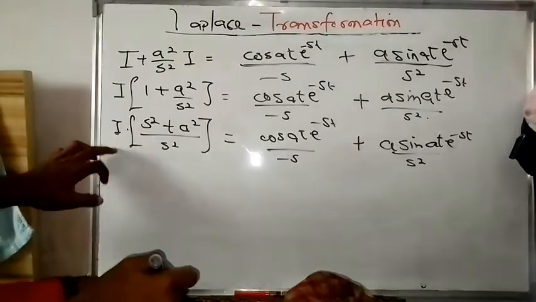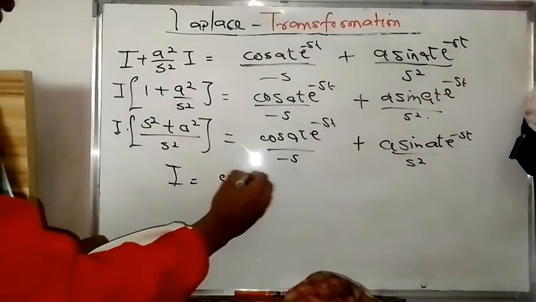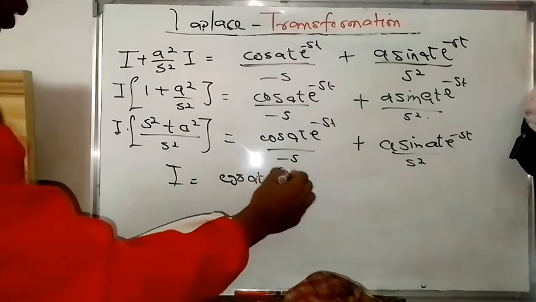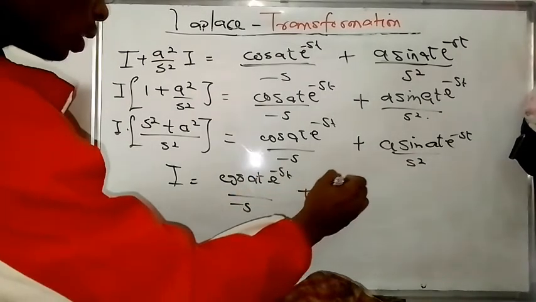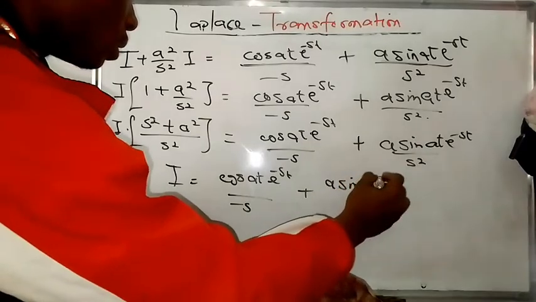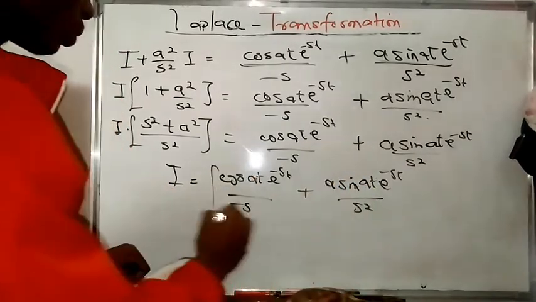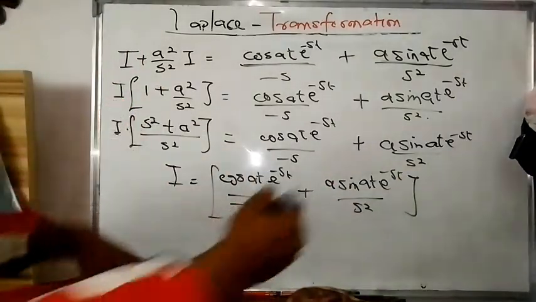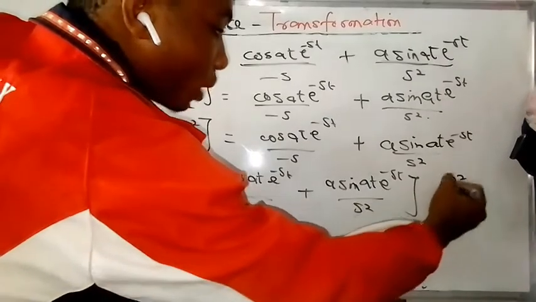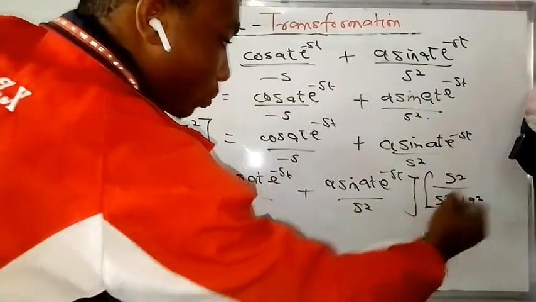So making I the subject of the formula, that is taking this to the other side, I becomes cos at e^(-st) divided by -s plus a sin at e^(-st) divided by s squared, all in brackets. So when this is coming over, there's an inverse, so this becomes s squared divided by s squared plus a squared.